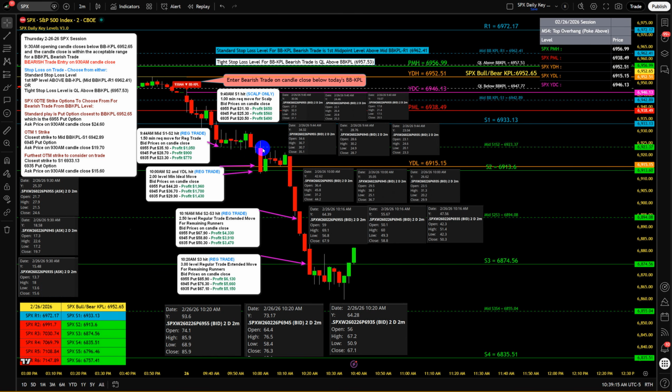Now with the daily key level strategy, there are 2 different types of trades that you can do. One is a scalp only trade, and when you're taking trades off of any of the main key levels, which would be in this indicator, the bull bear KPL, or any of the R1 through R6 levels above, or any of the S1 to S6 levels below, you're looking for a 1 level move in your favor for a scalp only exit.